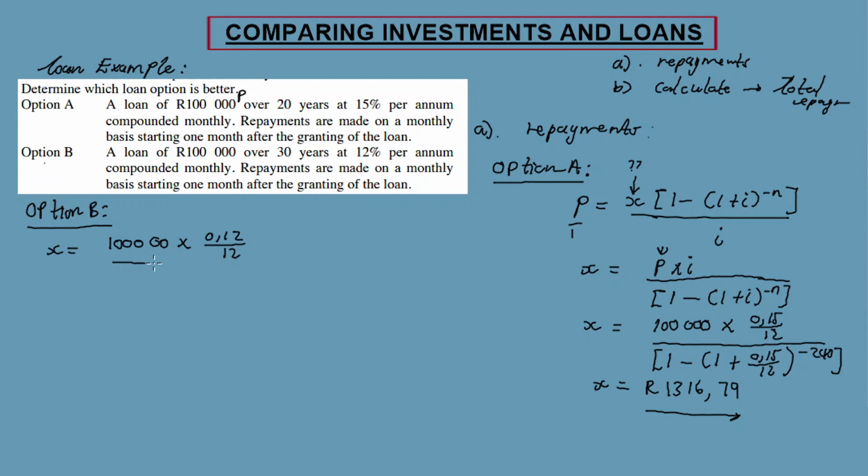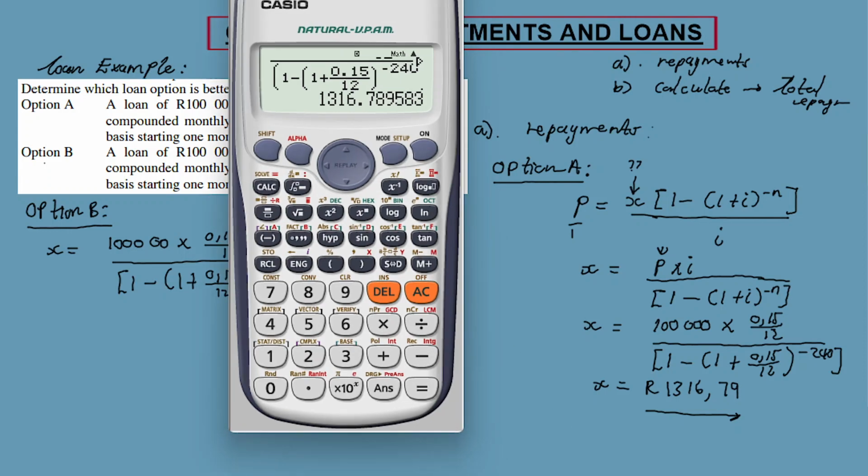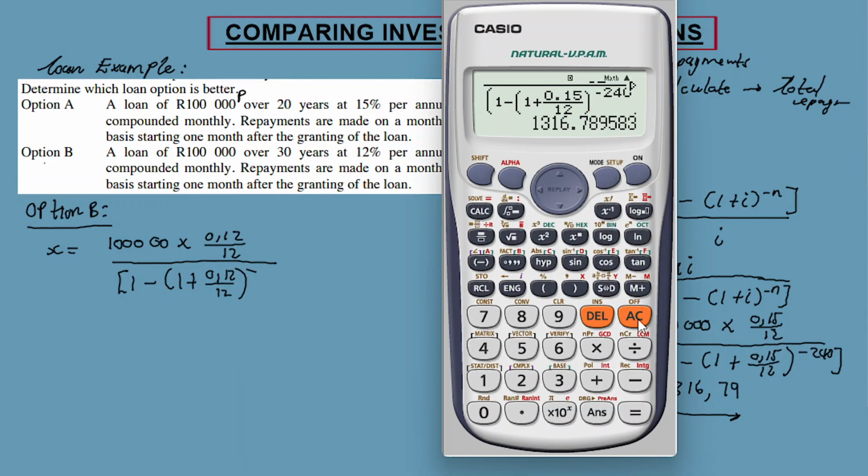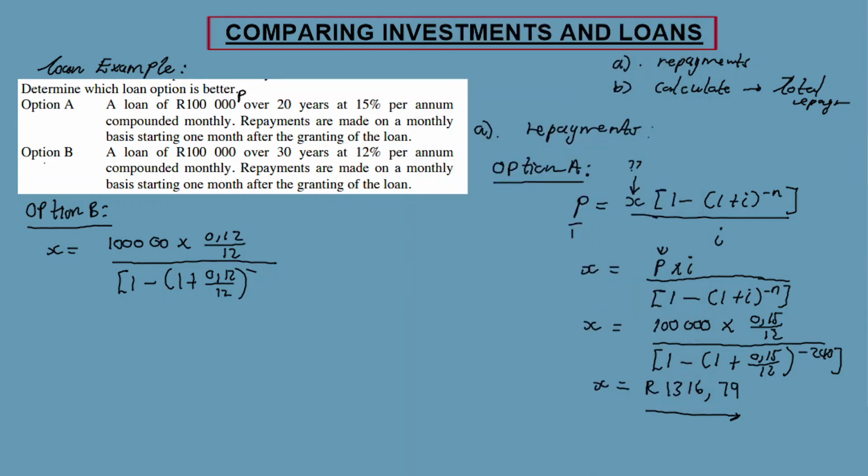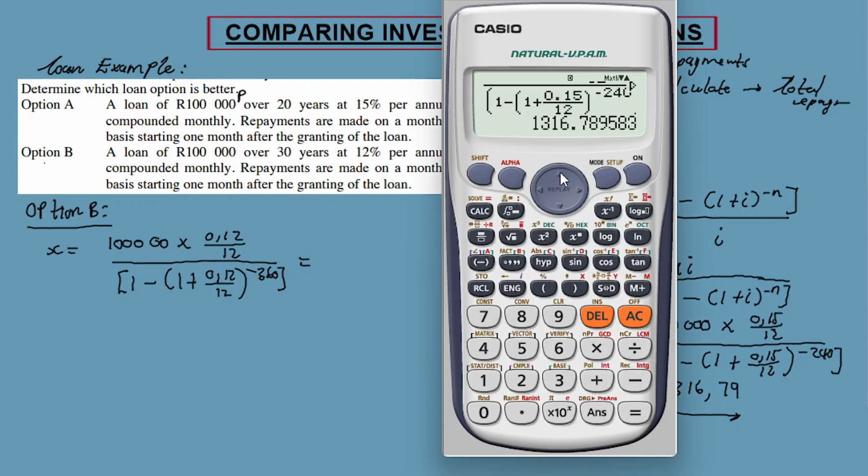It's monthly as well. Divided by 1 minus (1 plus 0.12 over 12) raised to exponent minus n. So this time it's 30 years, so it's 30 times 12, which is 360. Then we calculate again.